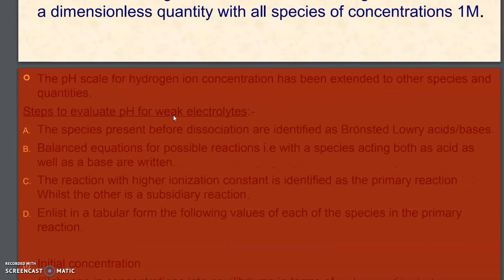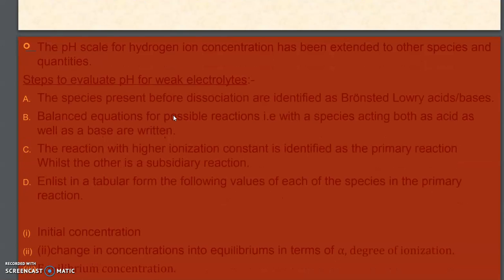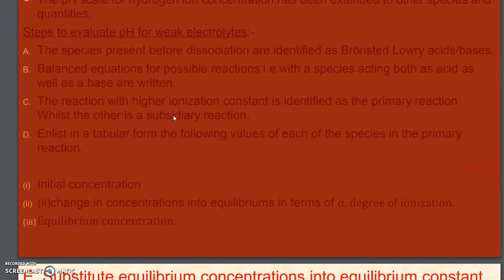The pH scale of hydrogen ion concentration has been extended to other species and quantities. How can we identify the pH? There are two: pH of the hydrogen ion and pH of the OH- ion. From that we can calculate whether the acid is strong or the base is strong.